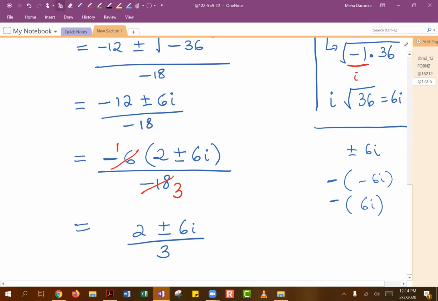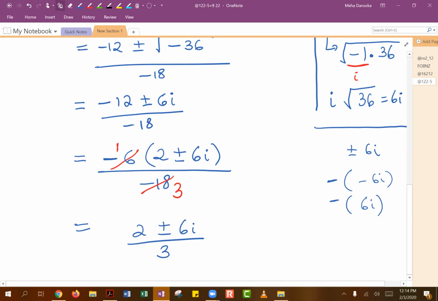So 12 divided by 6 would give us 2, and you would actually still have that negative 2 there. 6 goes into itself 1 time, so you would basically just have i left behind there, right? And then 6 would go into 18 3 times, so that would still be negative 3. And then you would have ended up with basically negative 2 plus or minus i over negative 3.